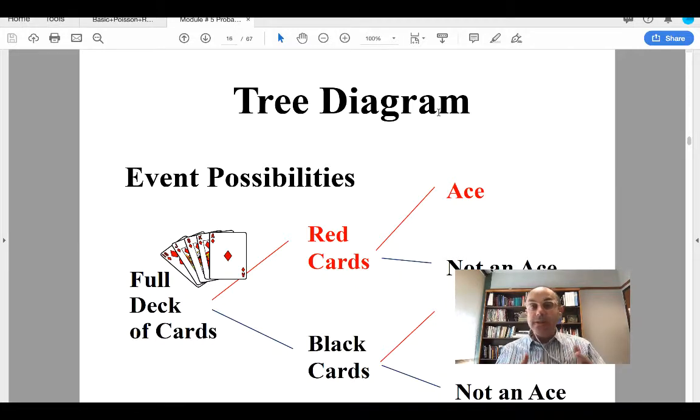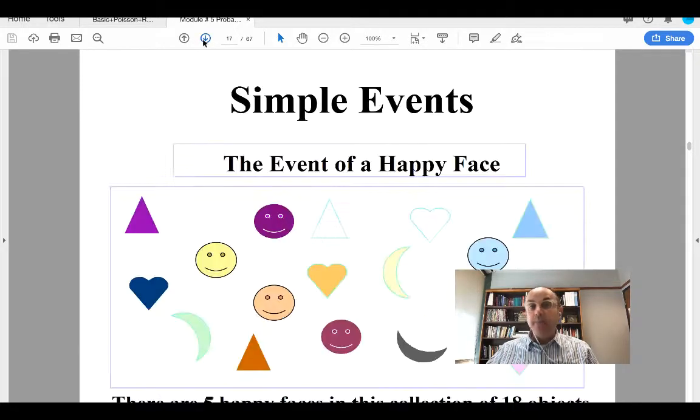It lays out all the possible outcomes of the probability. So if I have a full deck of cards and we have red cards and we have black cards, we have ace and not ace, and I can maneuver where my cards are with that diagram. So this is the idea of that.